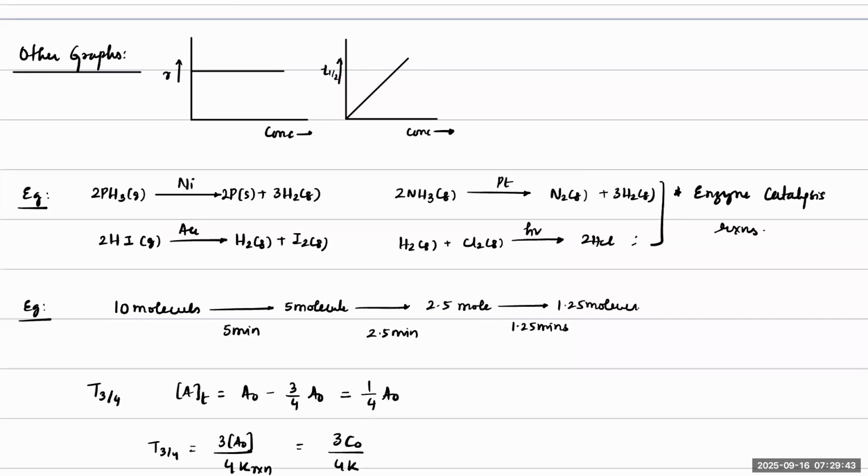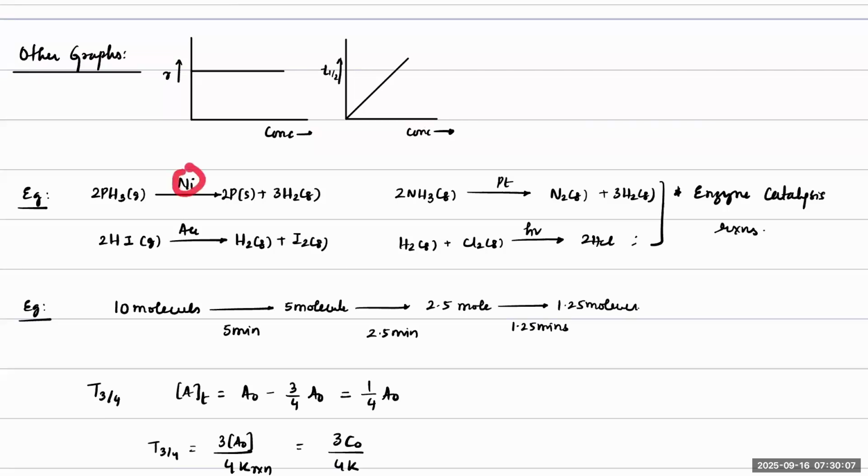What are the other important graphs in zero order? How the rate is changing with respect to concentration. And how T is changing with respect to concentration. Since it is a zero order, rate should not change. And when it comes to half-life with respect to different concentrations, you will see half-life keeps increasing as concentrations are increased.